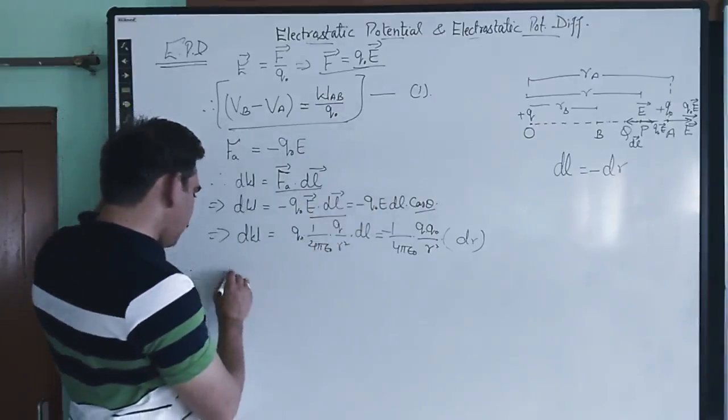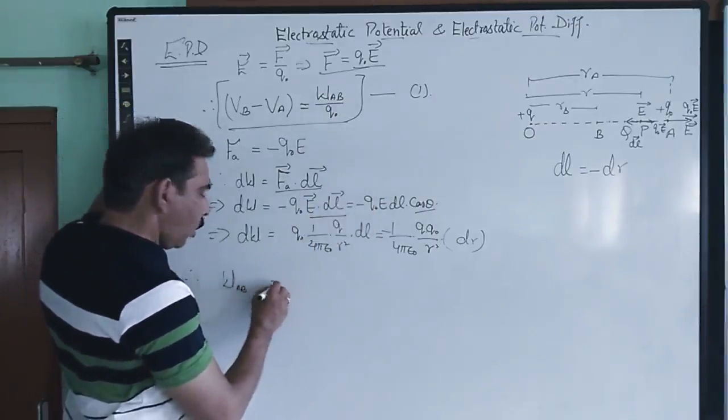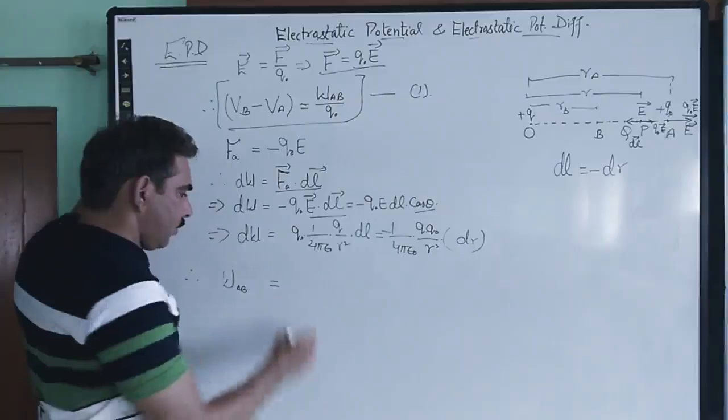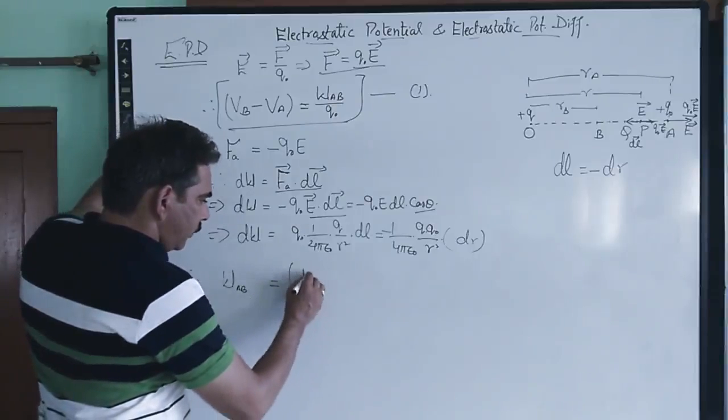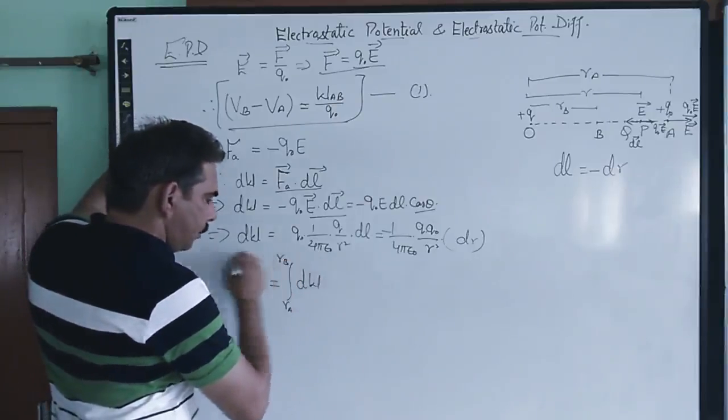So total amount of work done from A to B on the given test charge Q naught is given by integration of this dW from initial position RA to final position RB.